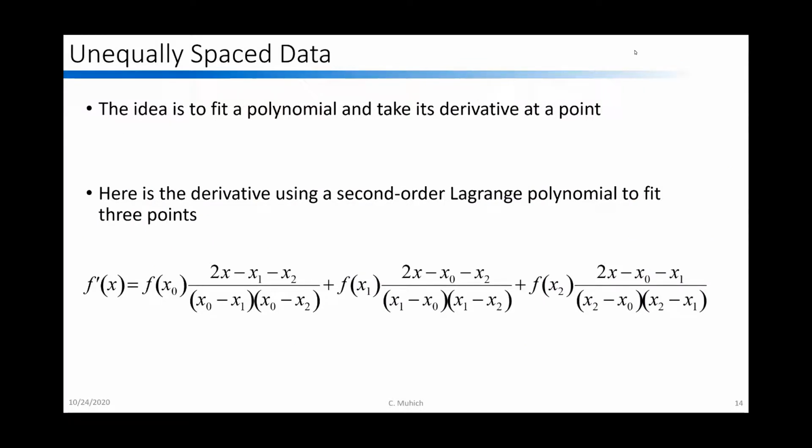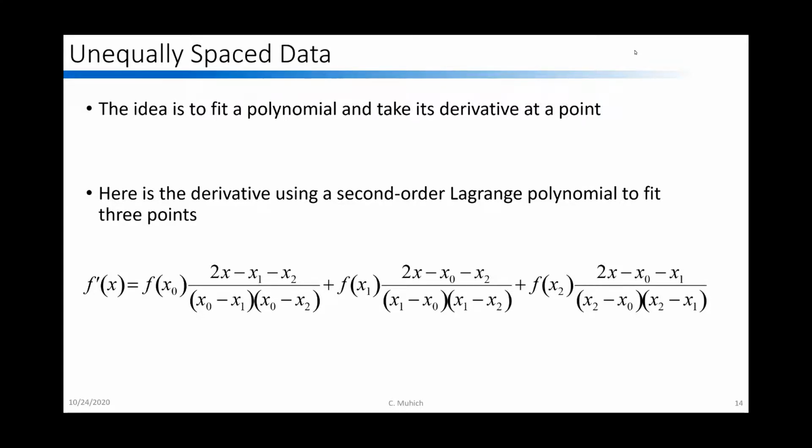So far, we've talked about ways to get relatively accurate estimates of my derivative when I have a function, and I can take as many points as I want and space them out to increase the accuracy. But once again, we end up having a problem when we get to experimental data.